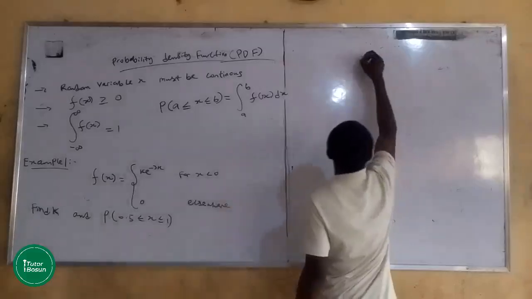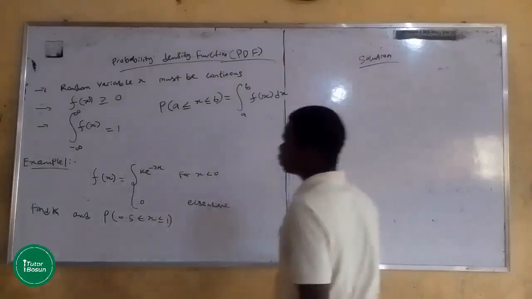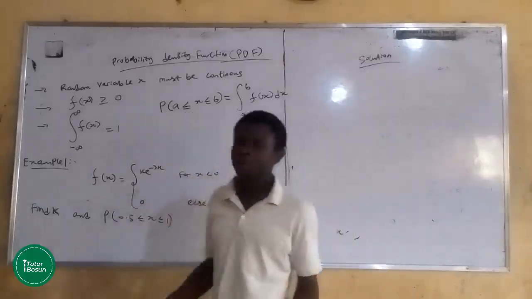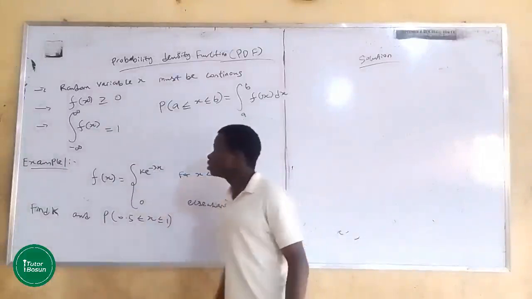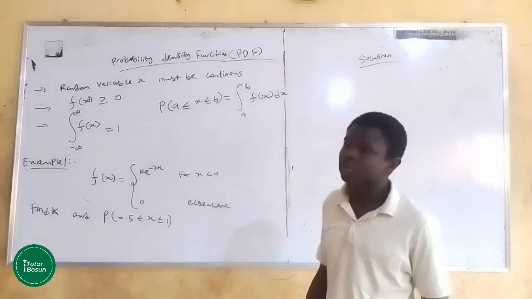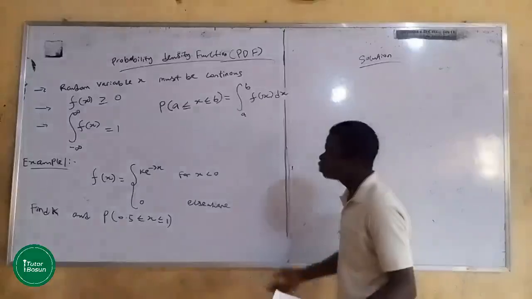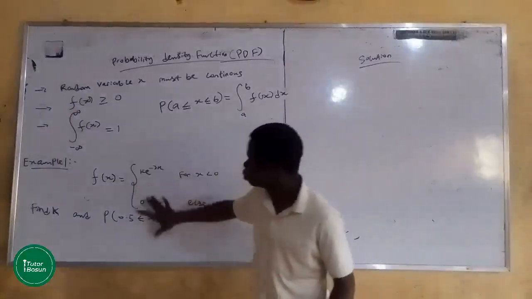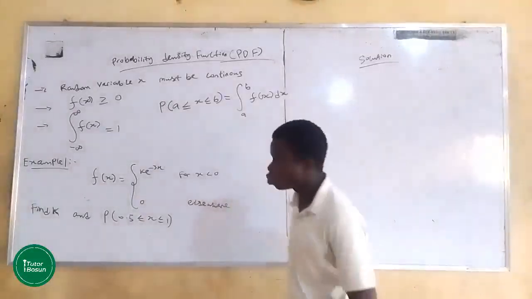Solution. So, to determine your k, what can we do? We already have some conditions. We already know that the condition of your PDF is that the integral of f of x from minus infinity to infinity must be equal to 1. So why don't we just integrate this function using this condition and equate the sum to 1?